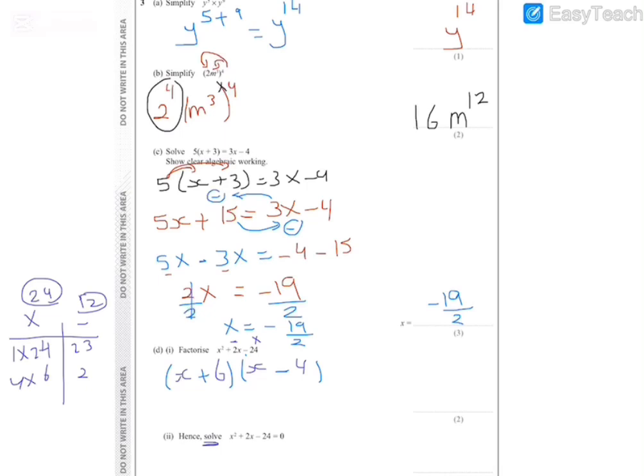Solve, and you find the value of the given unknown. I'll find the value of x. From the previous step, we take the two factors, each equal to zero, so x equals negative 6 or x equals 4. 6 goes to the other side with a different sign, and the same for 4.